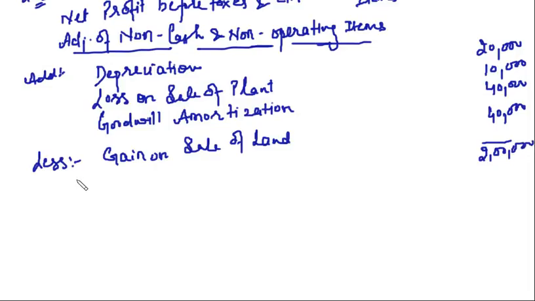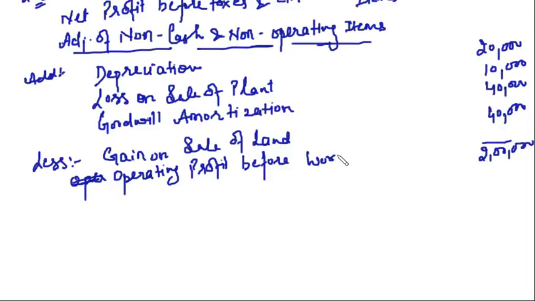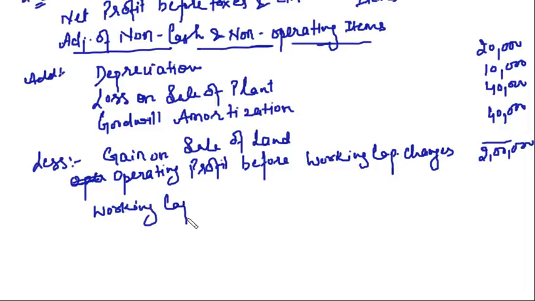Now, what is this? Profit from, I will say operating profit. Operating profit before working capital changes. Right? Then the next step is working capital changes.